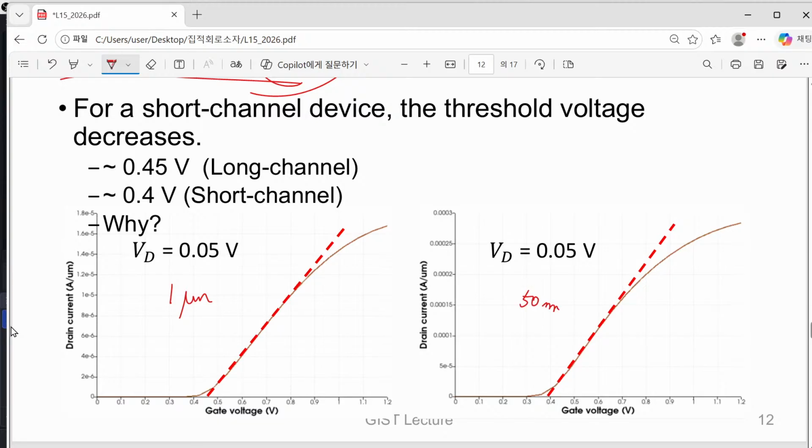Please note that although they are drawn as if they share the scale, this one shows just 18 microamp, and this is corresponding to 300 microamp. So they have quite a different scale, because this one is 20 times shorter, so we can expect almost 20 times higher current in this case.